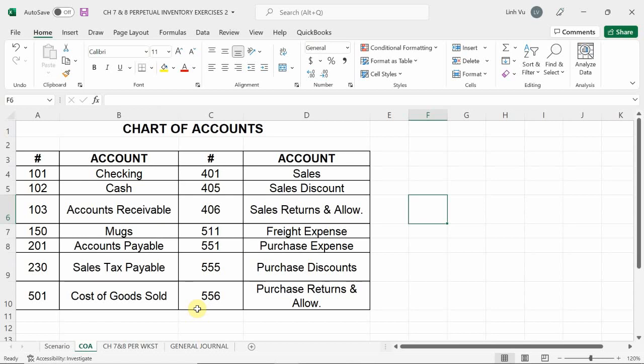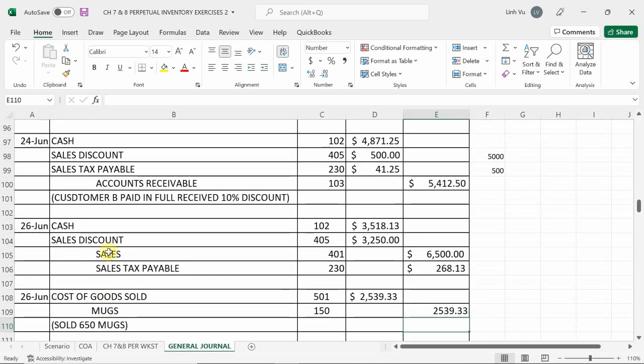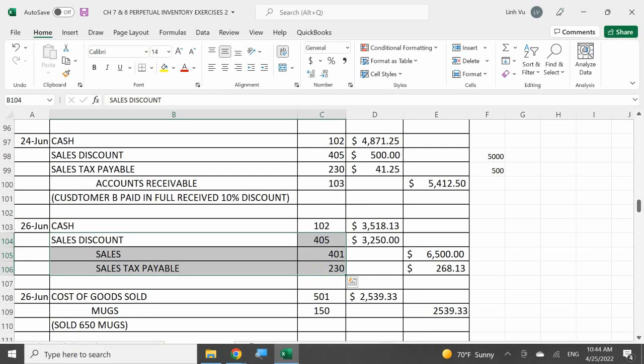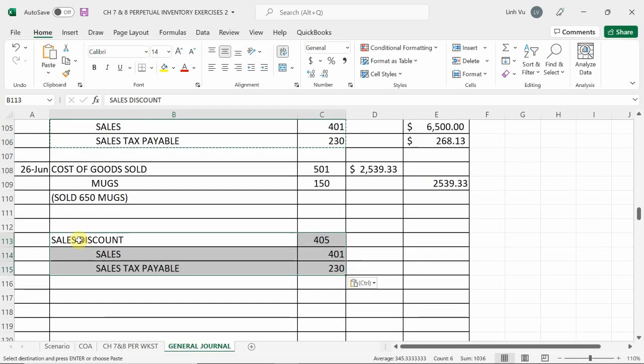Okay, so 101. What else did I do? I sold to him, right? Sales and sales discount and sales tax. Correct? So it's going to look just like this one, except he paid with his credit card. So it's going to be checking on here.